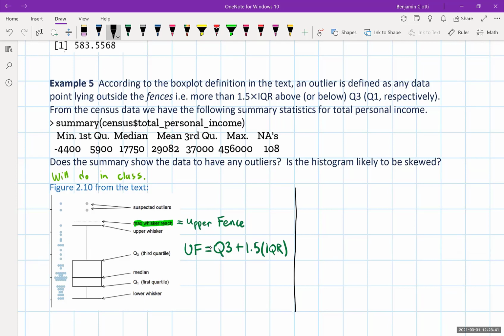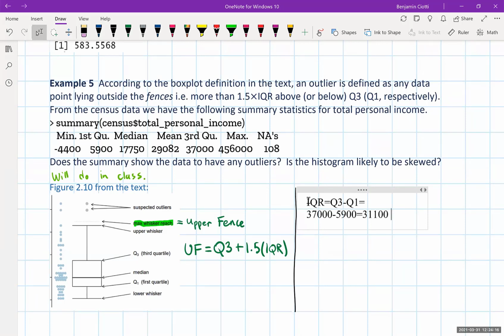Okay, so in the problem at hand, we're given what the quartiles are, so I can find the interquartile range. Let me do that first. The IQR is the third quartile minus the first quartile, which is 37,000 minus 5,900, which is 31,100.